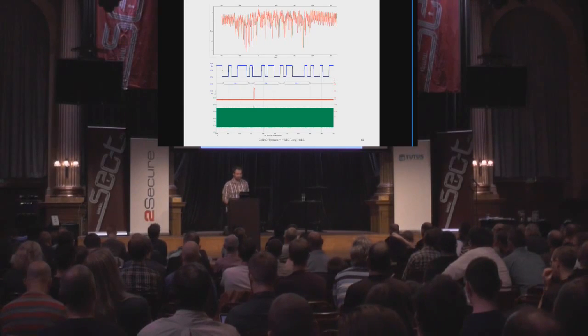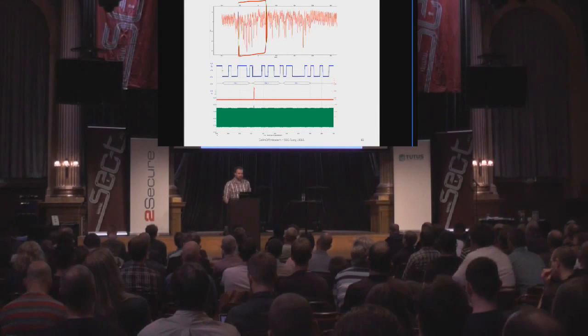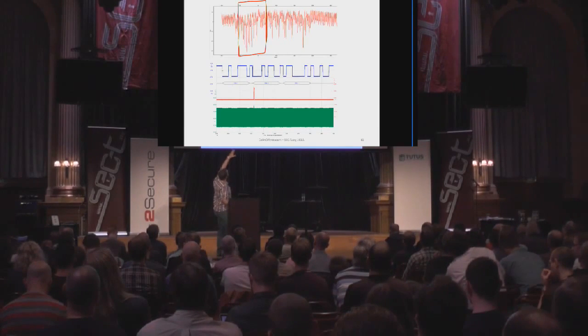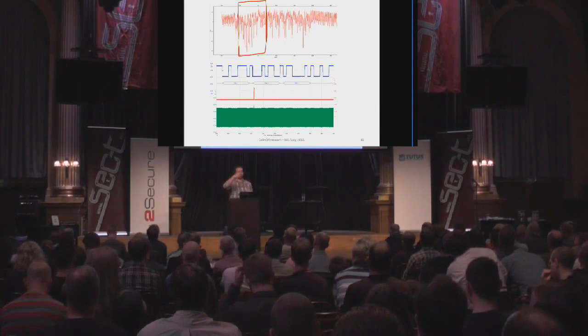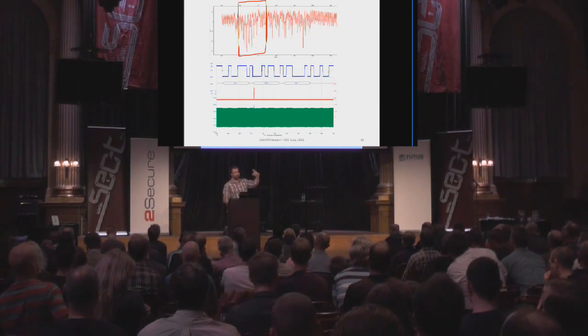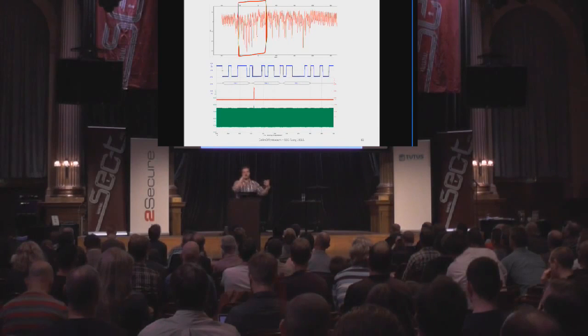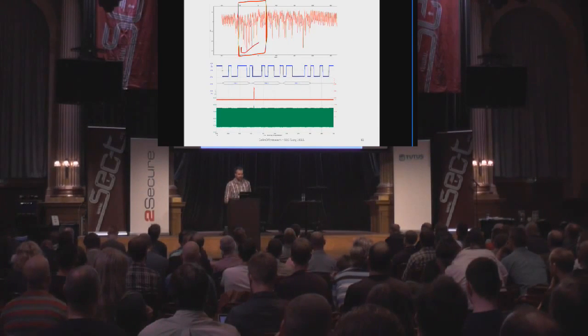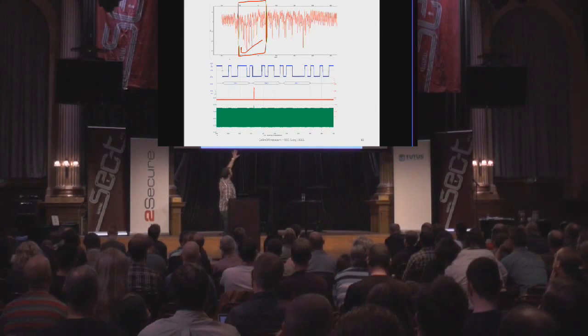The other thing we can do is trigger on patterns within the power measurement. In this case, these lines here are part of a for loop while it's copying the actual pin code to some internal register. And we can actually see that for loop happening. It goes through 4 or 5 times.